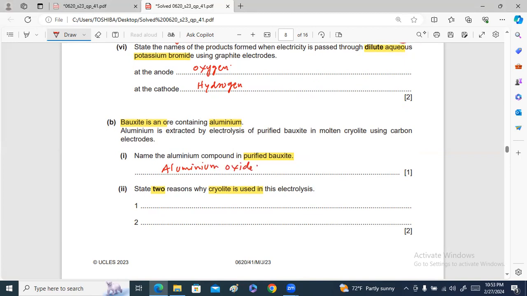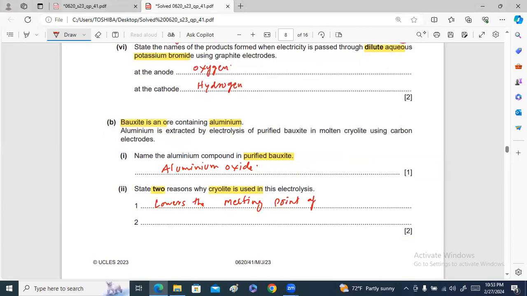State two reasons why cryolite is used. Generally, cryolite is added into the bauxite to reduce the melting point of aluminium oxide, and it also acts as a solvent, and it also improves the conductivity of the whole process. So it is used as a solvent, and it lowers the melting point of aluminium oxide.